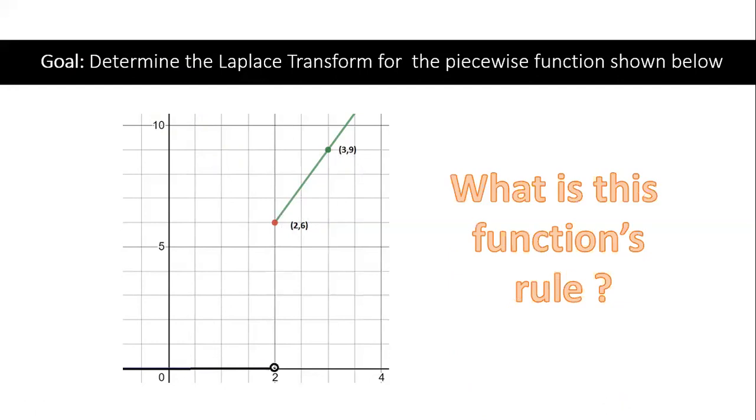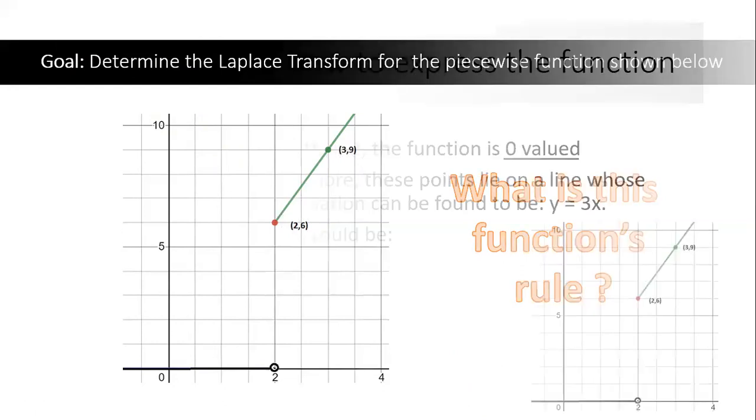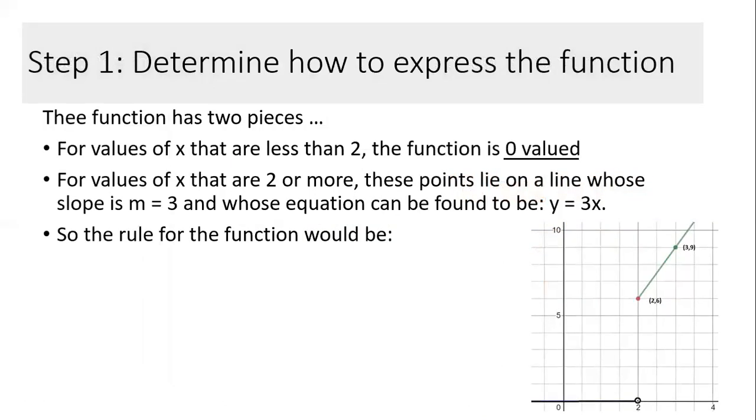Now, to do that, the first thing that we have to decide is what is this function's rule? So let's take a look at that. What is the rule for this piecewise function? Well, we're going to determine how to express that function in 2 steps. First, as we said, the function has 0 value for values of x that are less than 2. And for values of x that are 2 or more, those function values lie on this straight line.